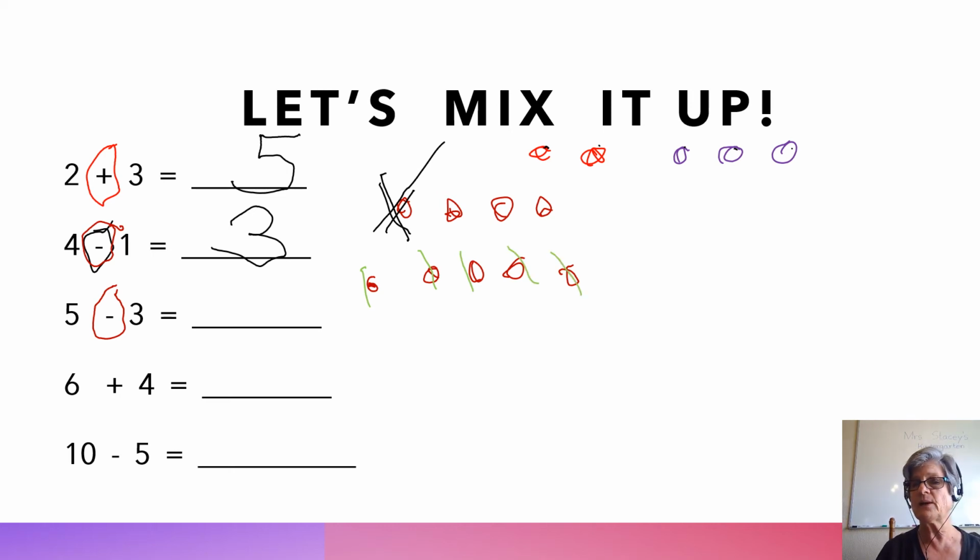Now I didn't X them up. I just put one line through them to make sure I had 5. Now so it's minus 3. Now is when I'm going to X out 3. Minus means you're going to take them away. So let's go 1, 2, and 3. And guess what? Let's count how many I have left over, how many I did not put an X on. 1, 2.